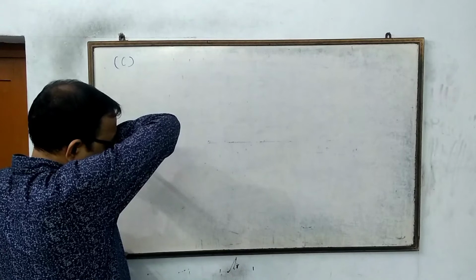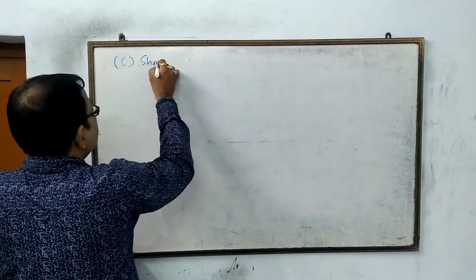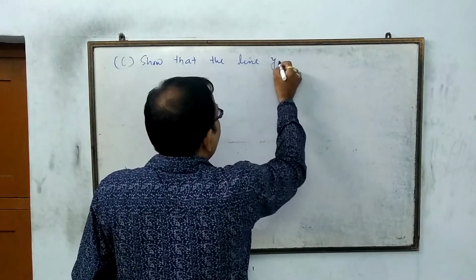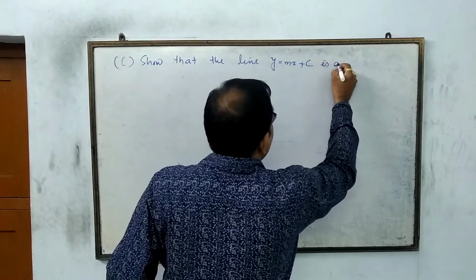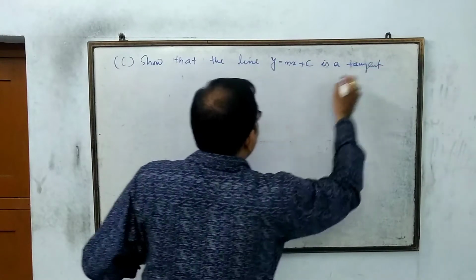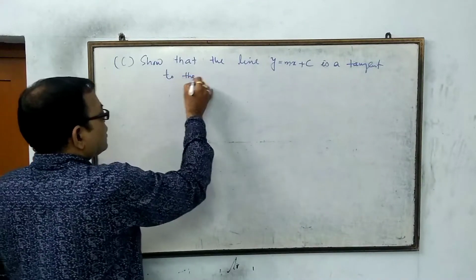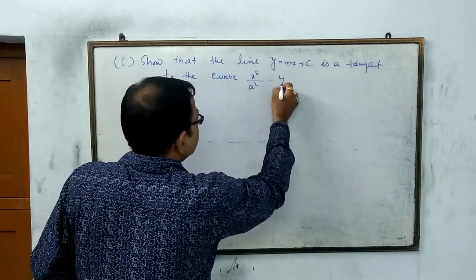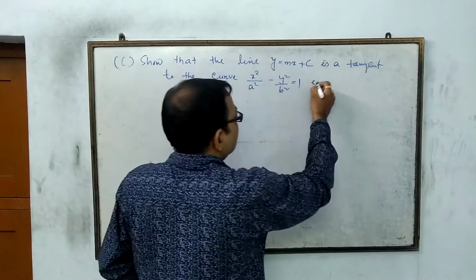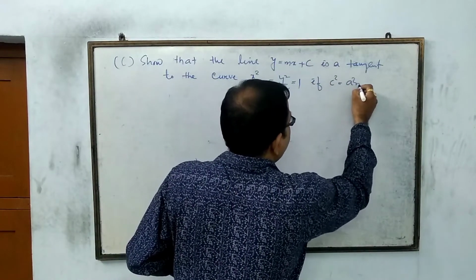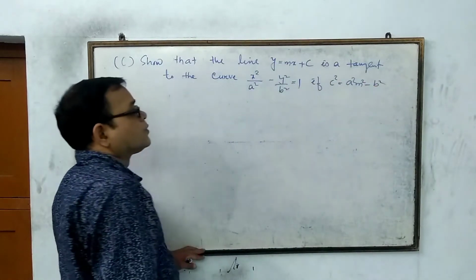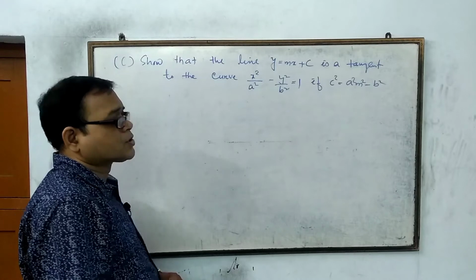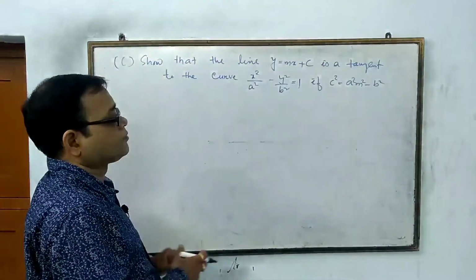Question is, so that the line y equal to mx plus c is a tangent to the curve, this curve is a hyperbola, x square by a square minus y square by b square equal to 1, if c square equal to a square m square minus b square. Then you see question number A, question number B and question number C. These three questions are similar.